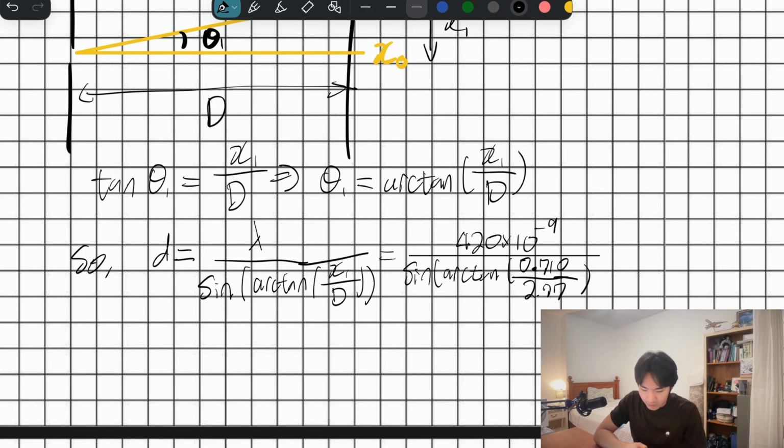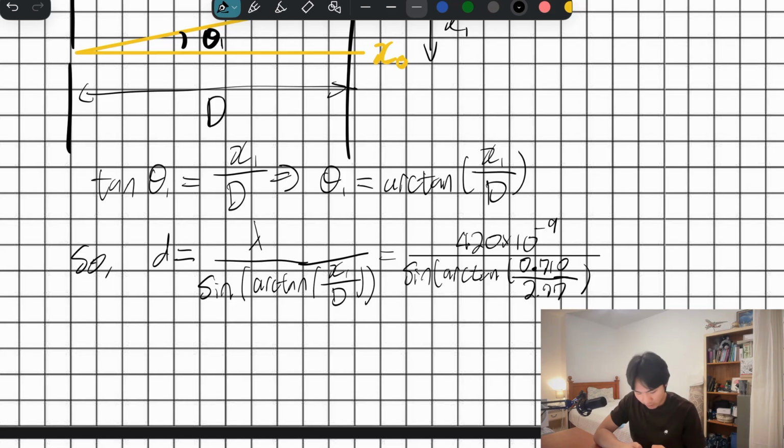Hopefully I remember my way of changing it. It's document settings, and then radians, switch to degrees. Okay, now I'm in degree mode.